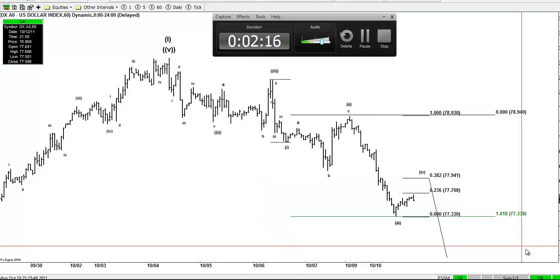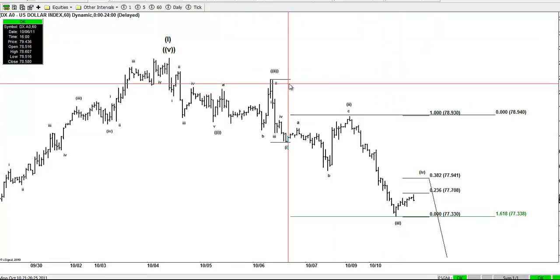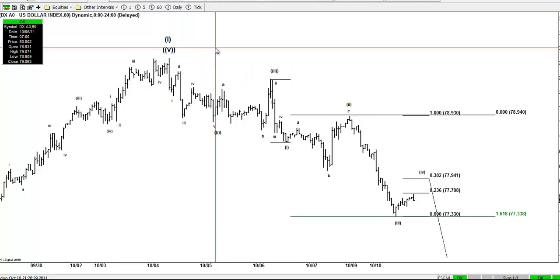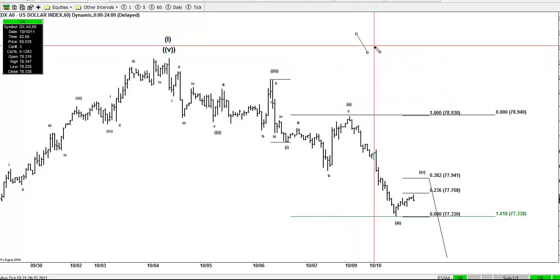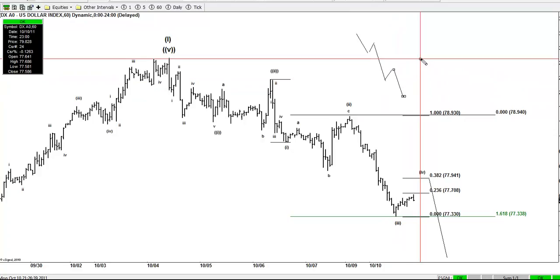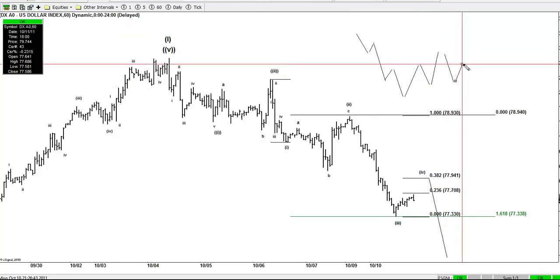Now, in other words, let's say for a second that we are in an impulse wave. If it's an impulse wave, it needs to take this form, guys. For all the new guys right there, it needs to go like this, and then 3 backs, and then it's going to do like this again.